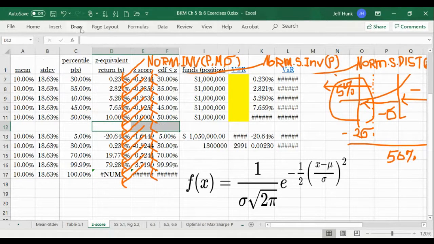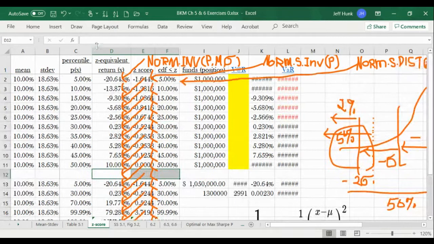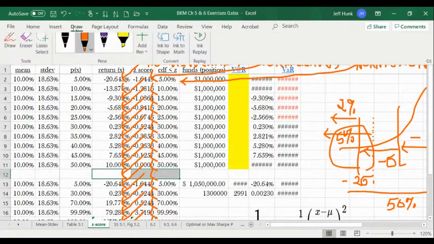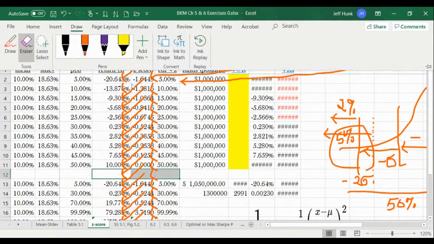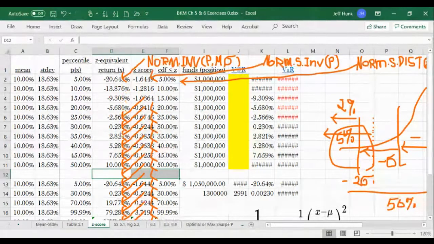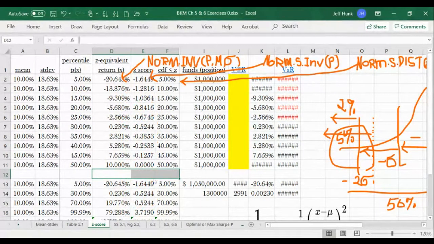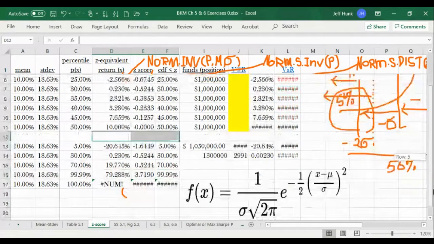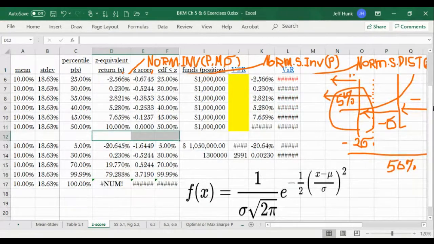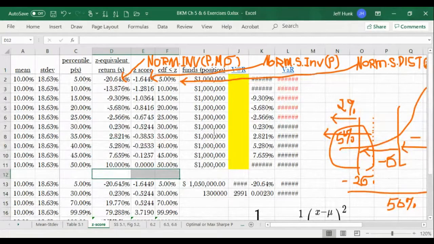Where's the eraser? Okay. So, what did I say? Something stuck.